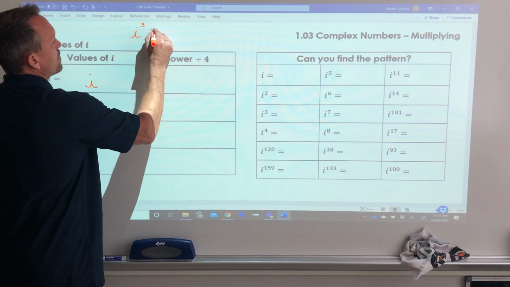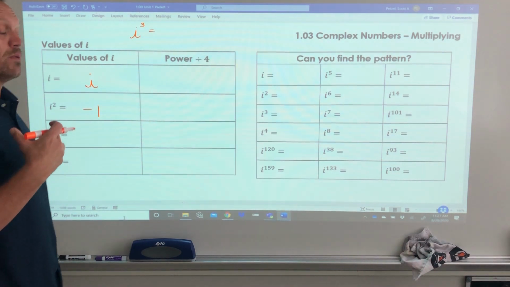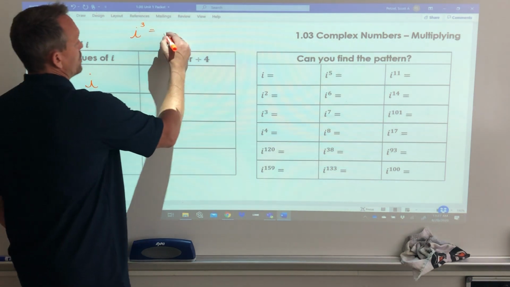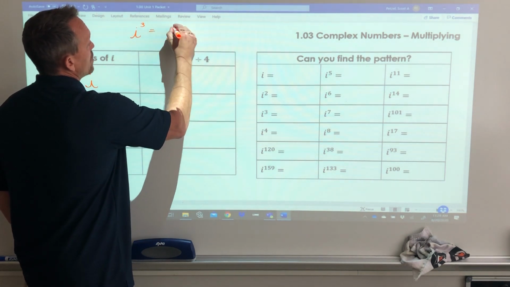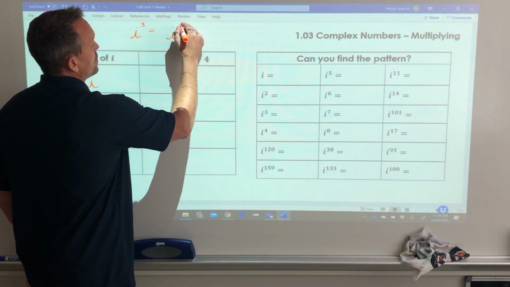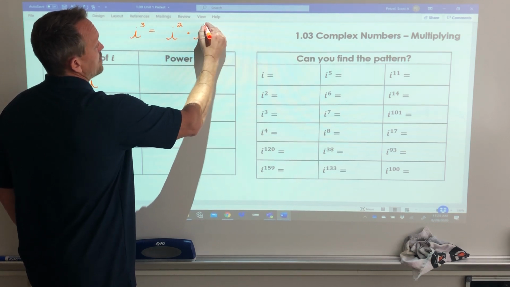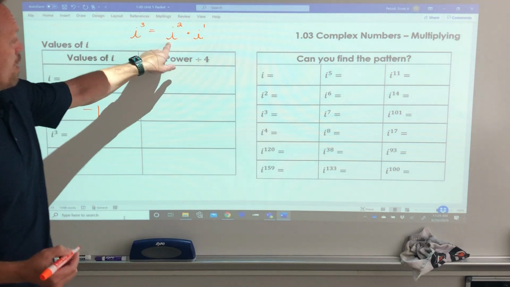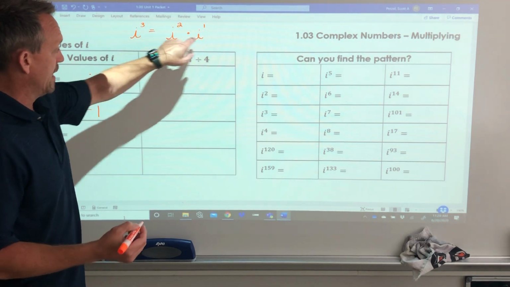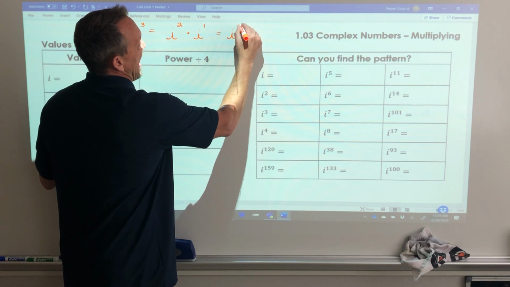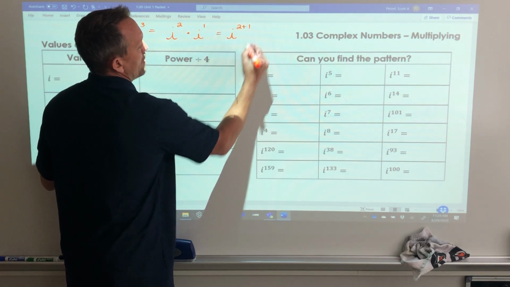When you multiply like bases, you add their exponents. So i to the 3 could be equivalent to i squared times i to the 1.